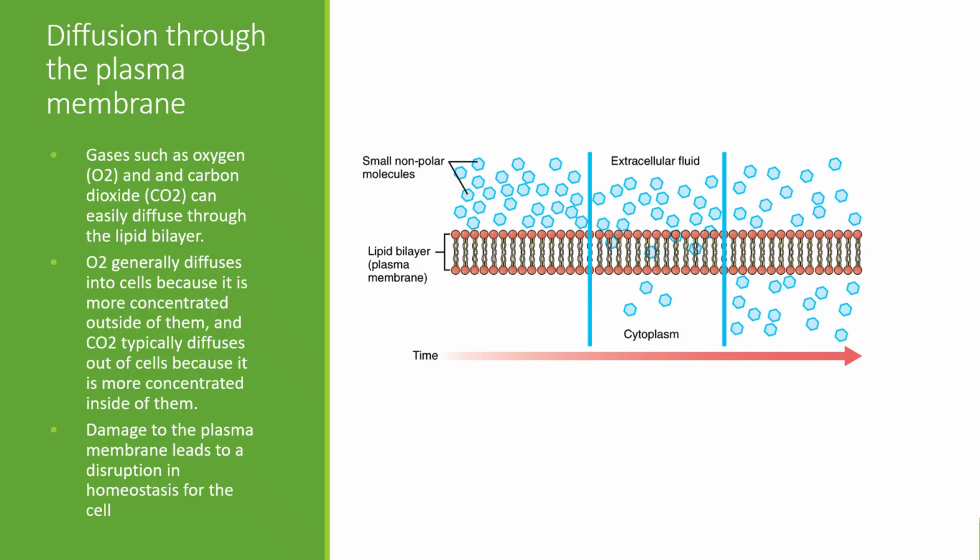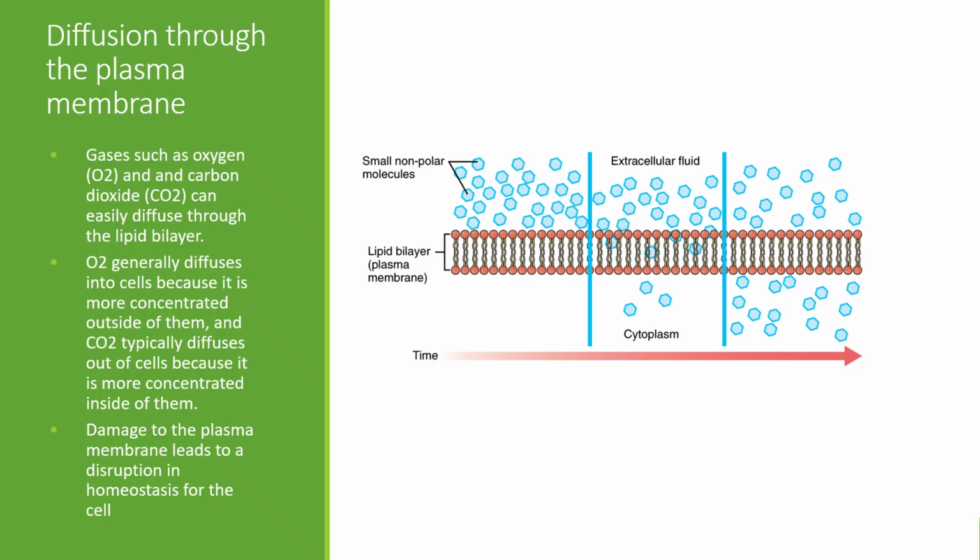So diffusion can happen through a plasma membrane. We move from an area of high concentration to an area of low concentration. This is how those gases I mentioned earlier, like oxygen and carbon dioxide, can move across the plasma membrane. We have small nonpolar molecules in our picture, the little blue stop-sign-looking things. There are more of those on the outside, where we have the extracellular fluid, than on the inside.